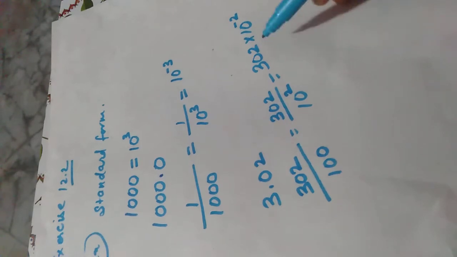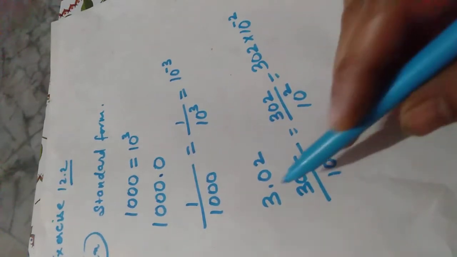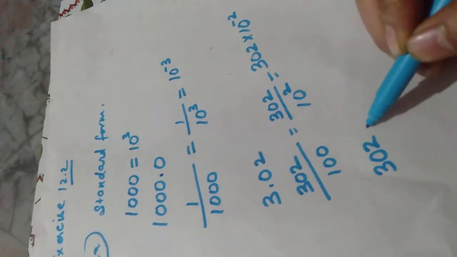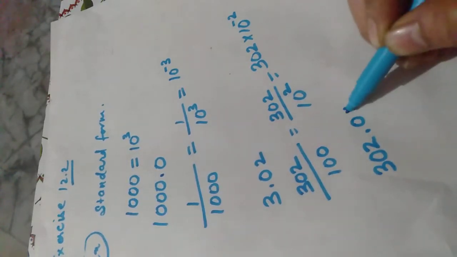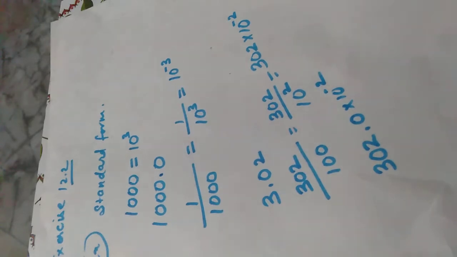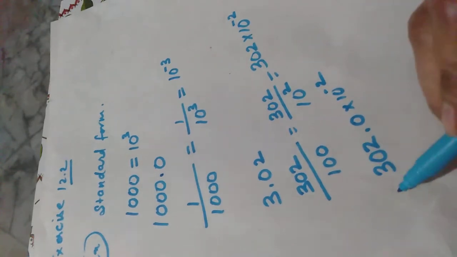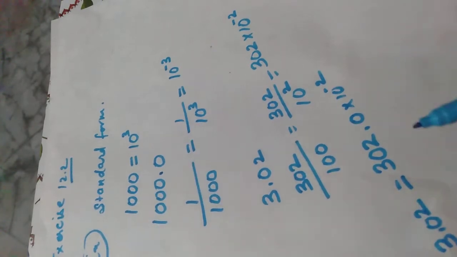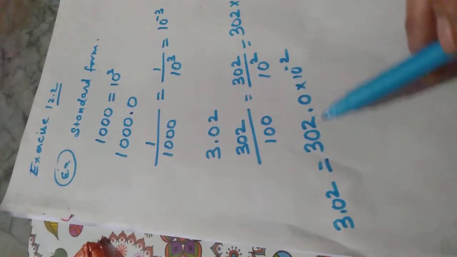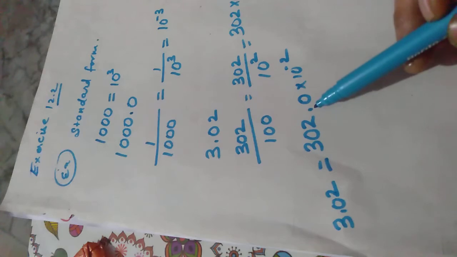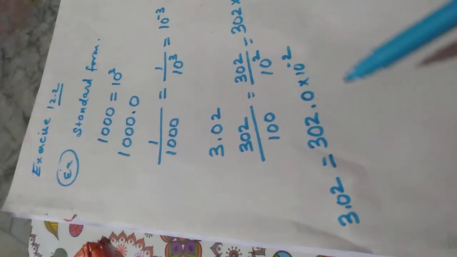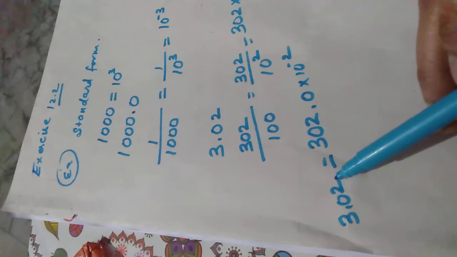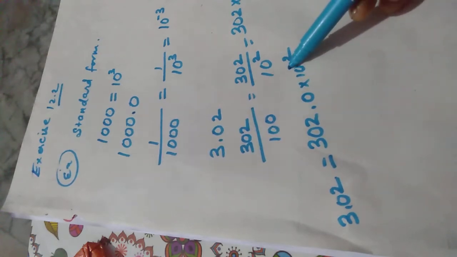Now what we see is that this number 3.02 is also expressed as 302.0 into 10 to the power minus 2. Now see clearly that the same number 3.02 is written as 302.0 into 10 to the power minus 2. That is, when this decimal point shifts towards the right, the power is negative.